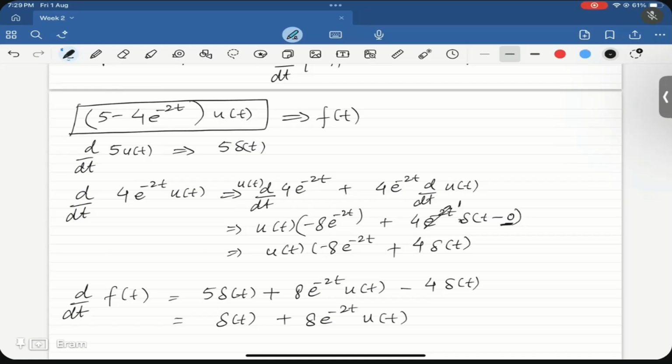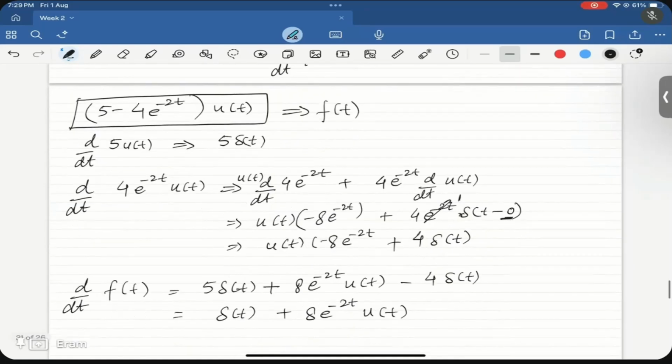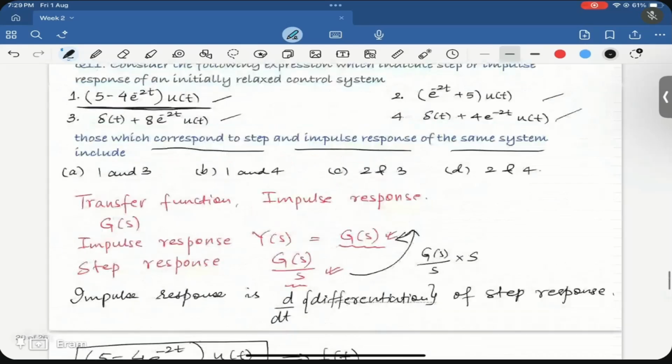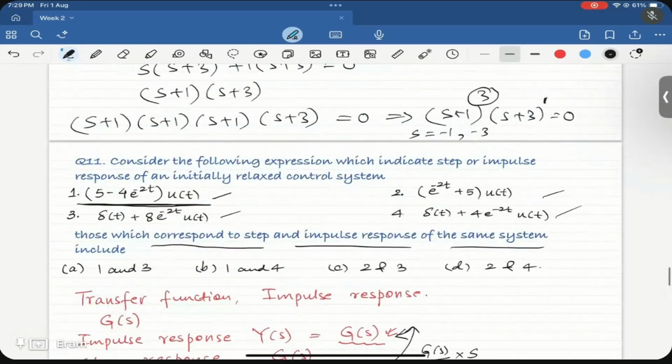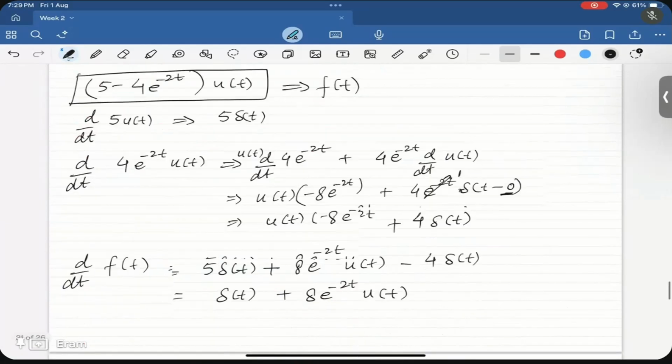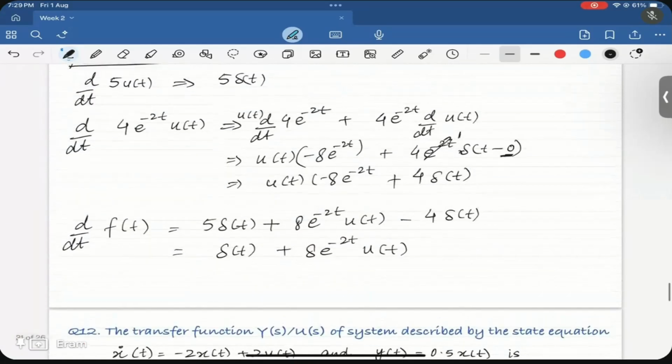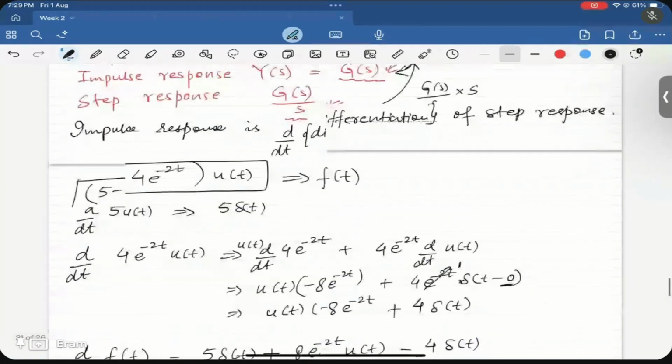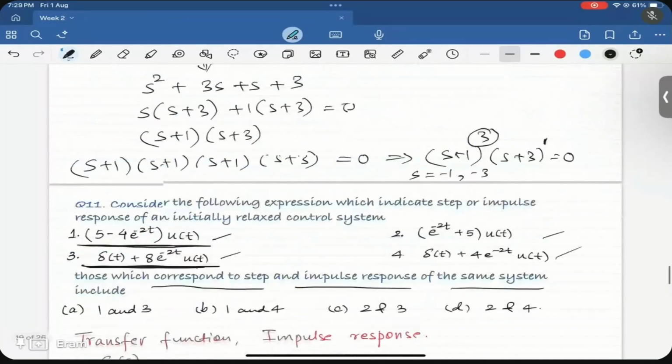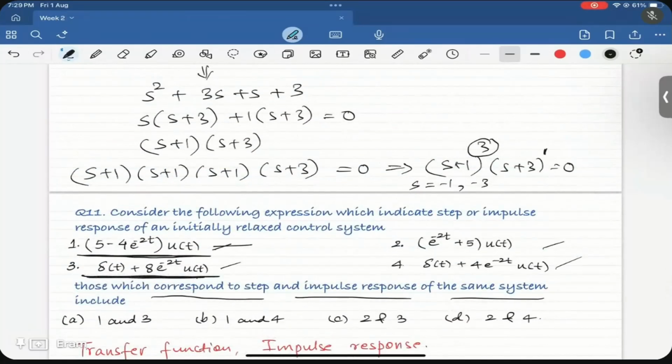Okay. Now let's see if this term matches any option. So yes, this third term is exactly what we have achieved, δ(t) plus 8e^(-2t)u(t).